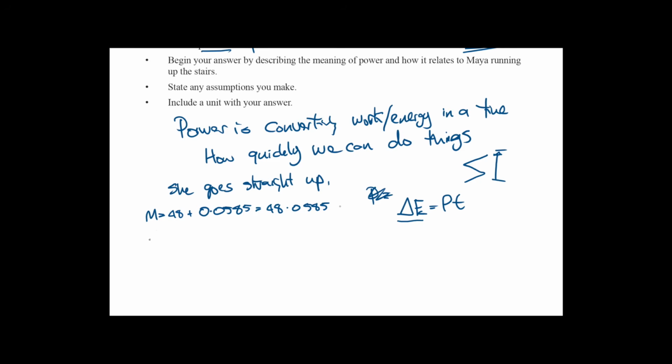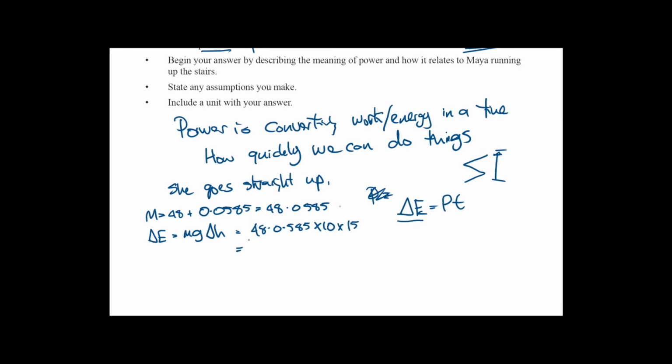And the change in potential energy is going to be mg, change in height again. So that's going to be 48.0585, I'll put that in, times 10 for gravity times 15 meters.